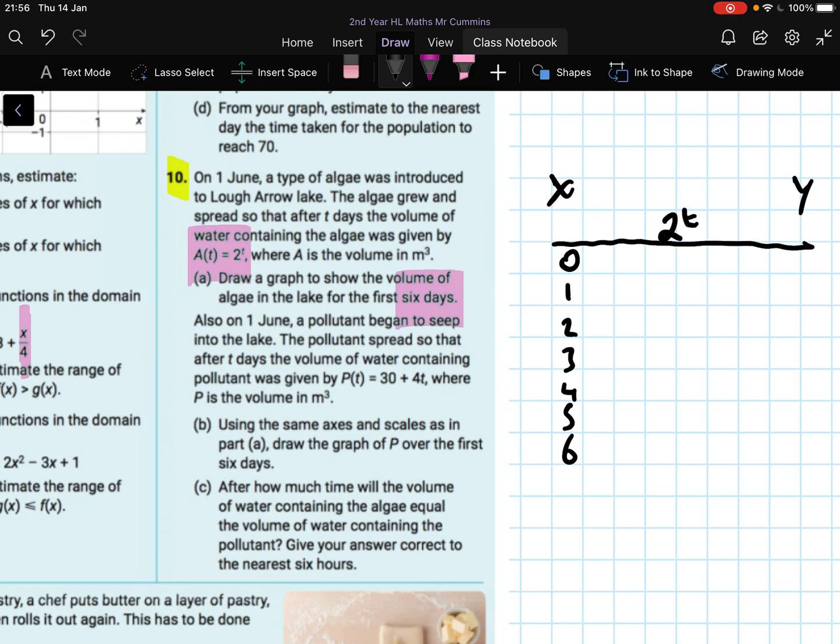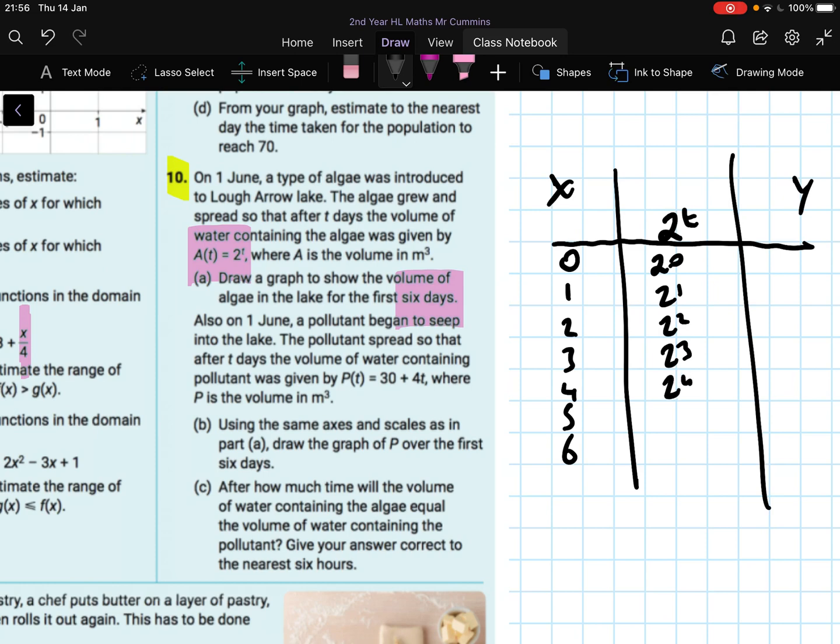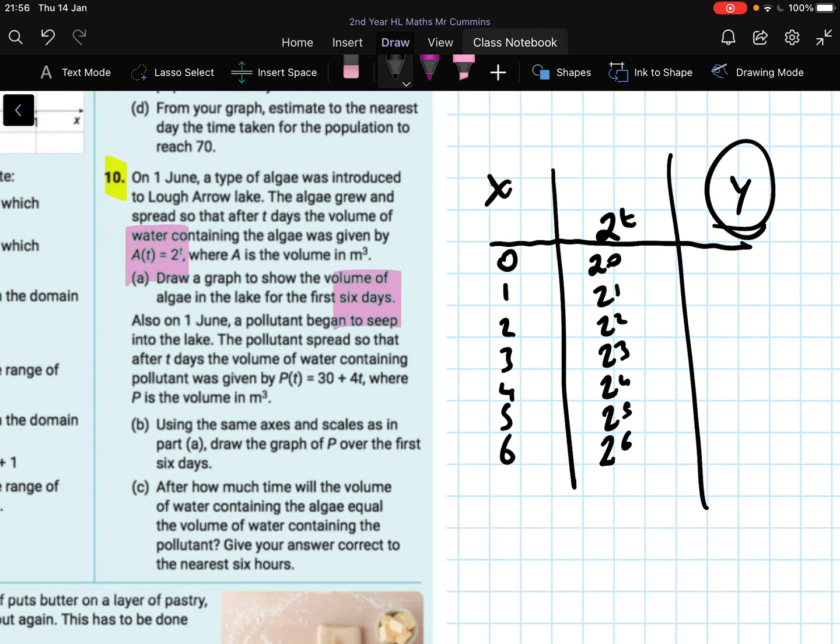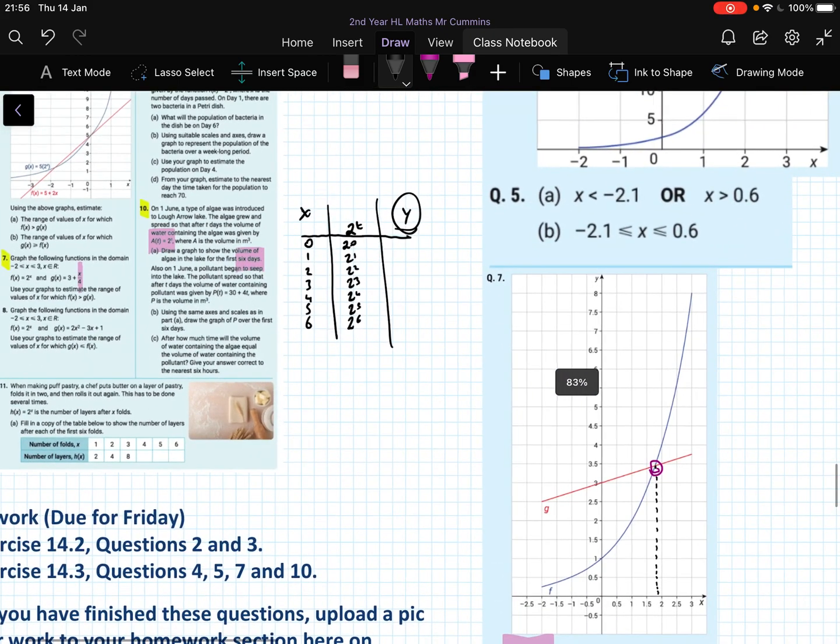So we're going to have 2 to the power of 0, 2 to the power of 1, 2 to the power of 2, 3, 4, 5, and 2 to the power of 6. When you work all those out on a calculator, that will give you your y values, and that will be your exponential graph. So that is the graph here.